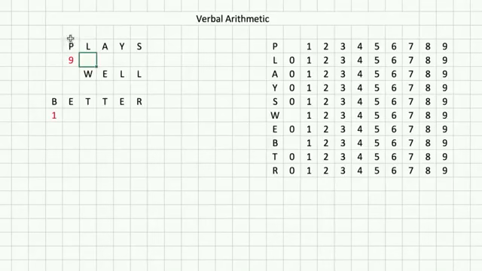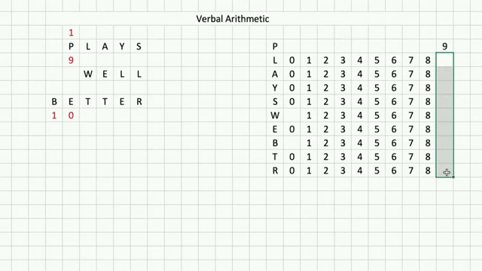If the value of P is 8, let's assume, and there is a carry coming from here, say 1, then it will become 9 and B will become 0, which should not be the case. So the value of P should be 9, and there should be a carry coming, which will make E as 0. So we know now that P is 9, and we know that E is 0.